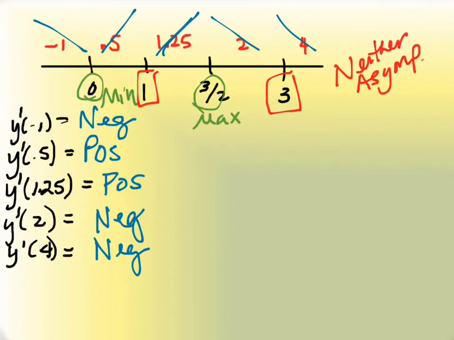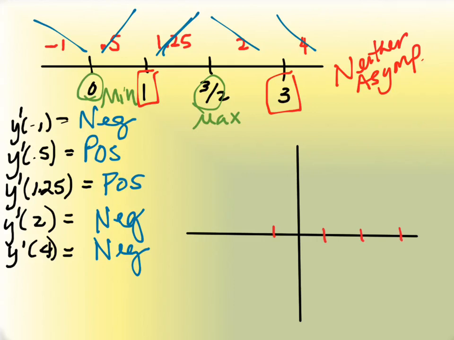All right, so on a graph, some features. Well, we know that we have an asymptote over here at 3. Take a look at that.